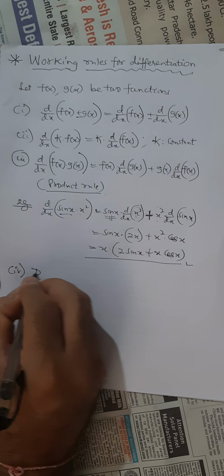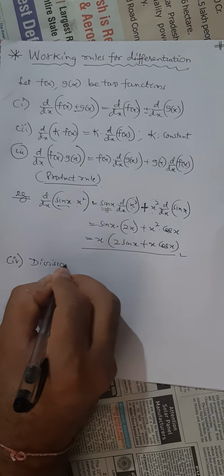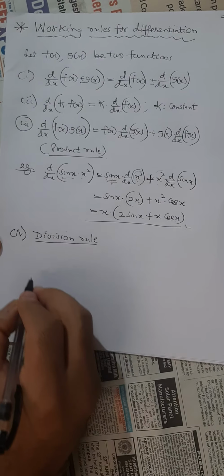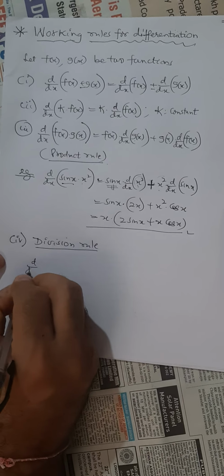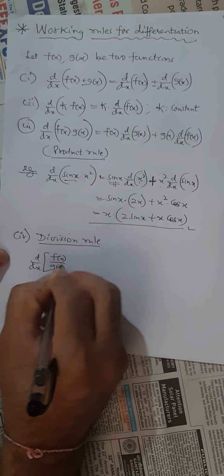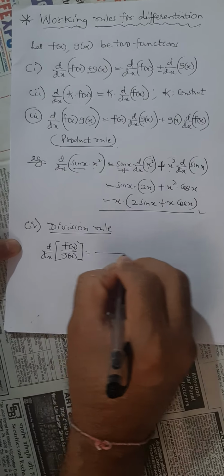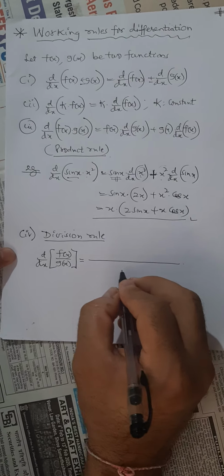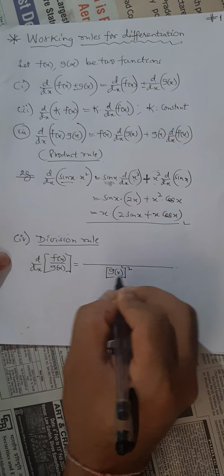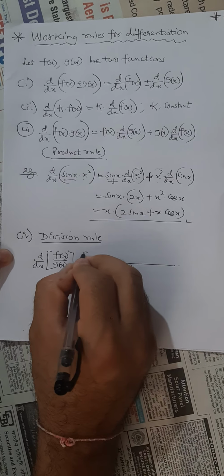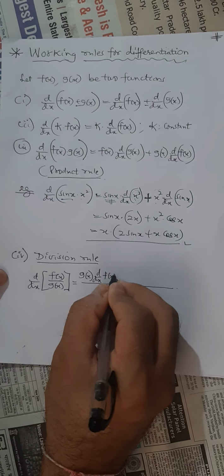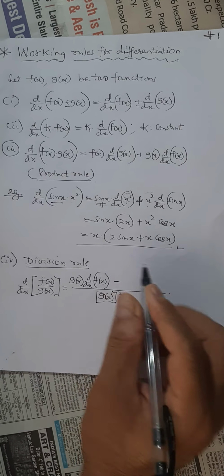Fourth rule, that's called division rule. So it is d by dx of division of two functions f(x) upon g(x). So what is division rule? You know, square of the denominator function. Then here g(x) as it is, derivative of the numerator function, that is d by dx of f(x). You have always minus sign.